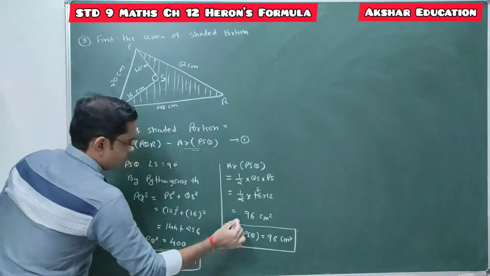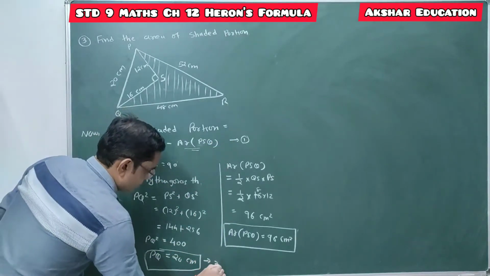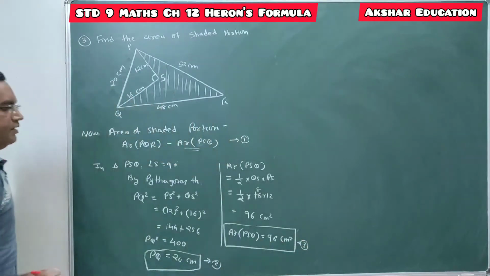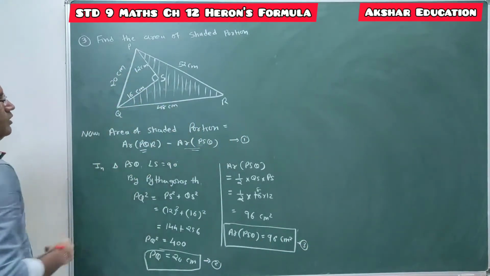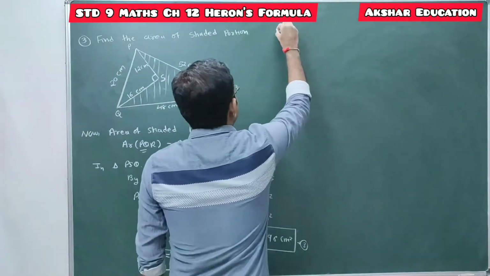Say this one as result number 1, 2 and this one as 3. Done. Now we have to find the area of this triangle PQR and 3 sides are known, so we can apply Heron's formula.